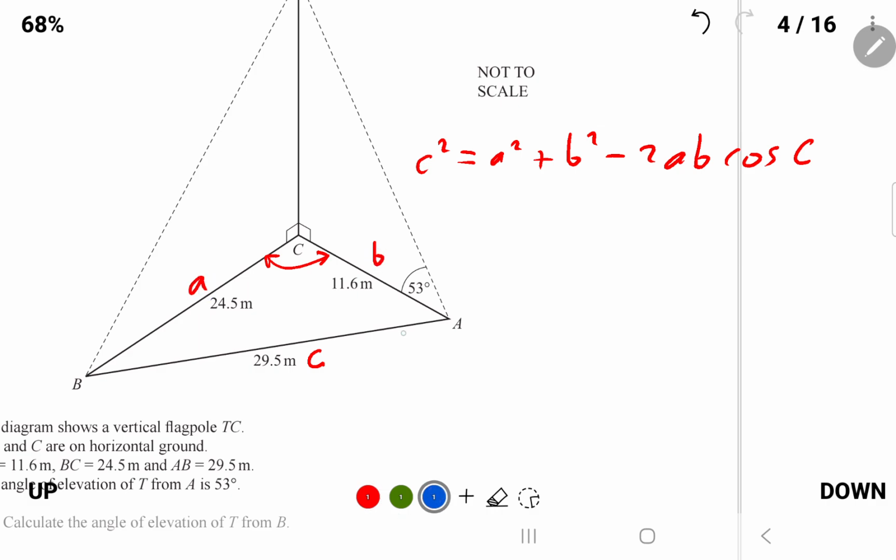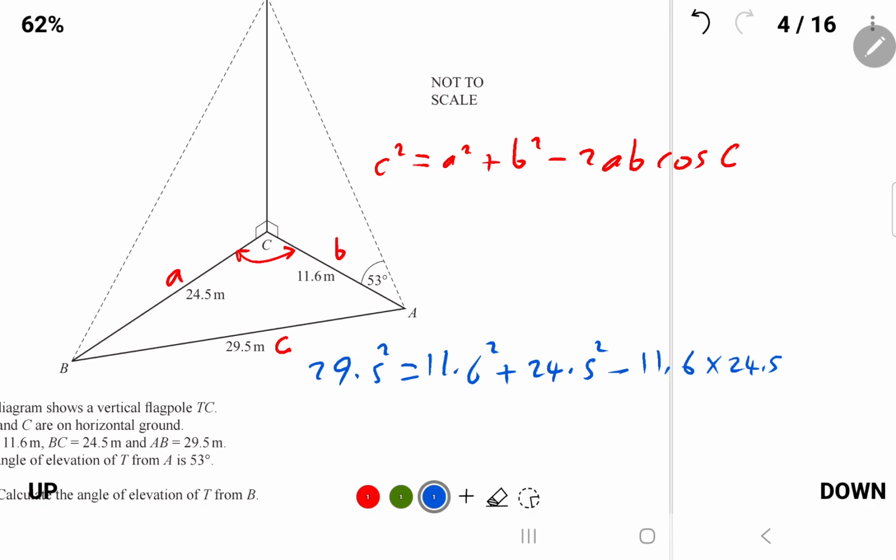So if we apply this rule, we can say 29.5 squared equals 11.6 squared plus 24.5 squared minus 2 times 11.6 times 24.5 times cosine C. Now then we have to make cosine C the subject of the formula.